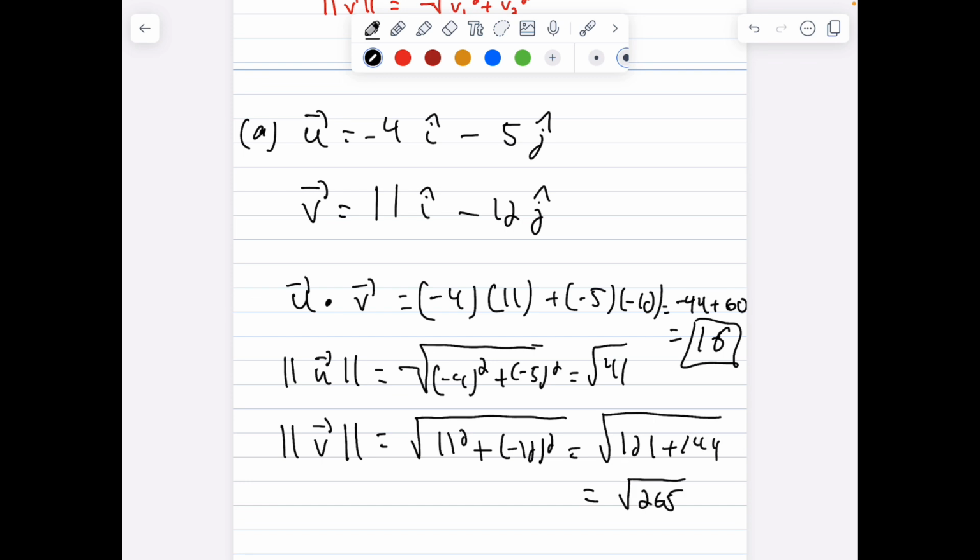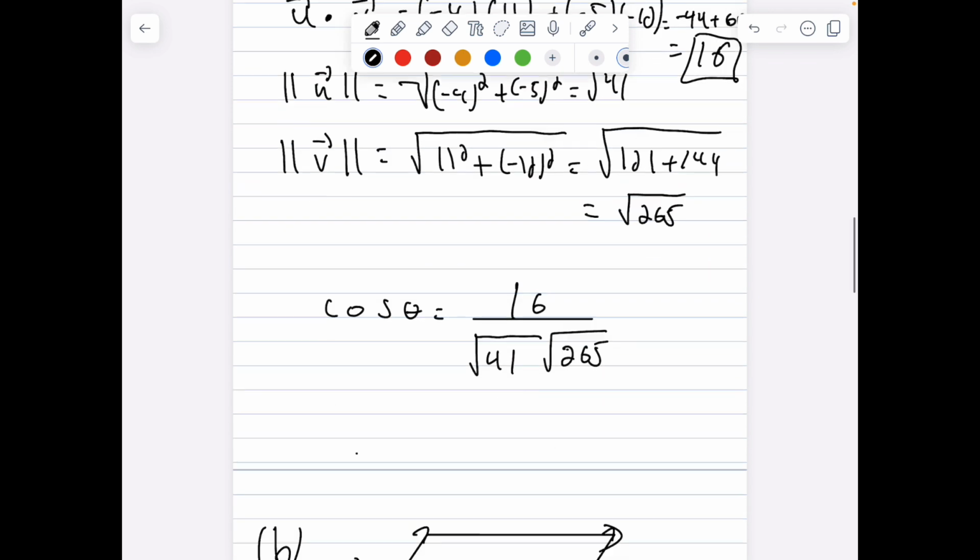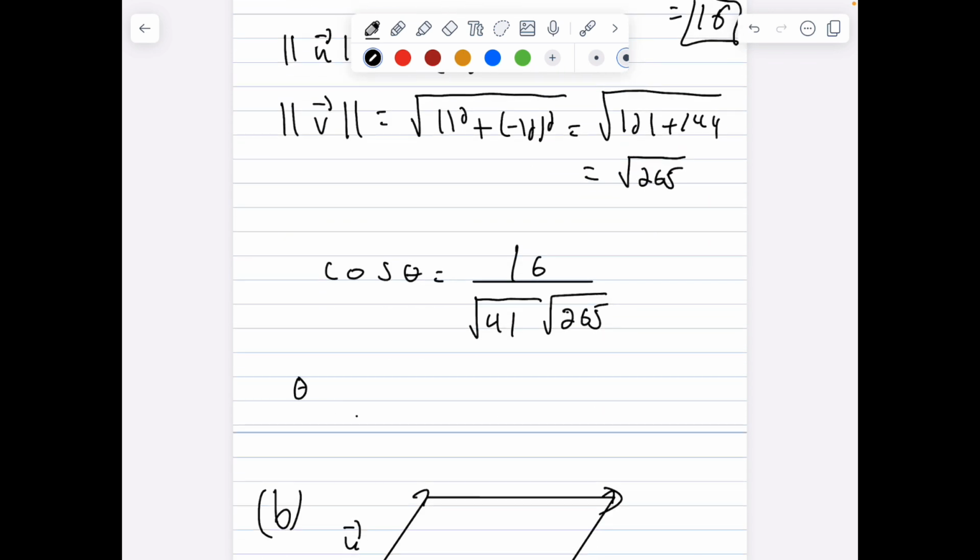And applying our formula, the cosine of the angle theta between them is equal to u dot v divided by the square root of 41 times the square root of 265. And the angle theta between them is the cosine inverse of that.